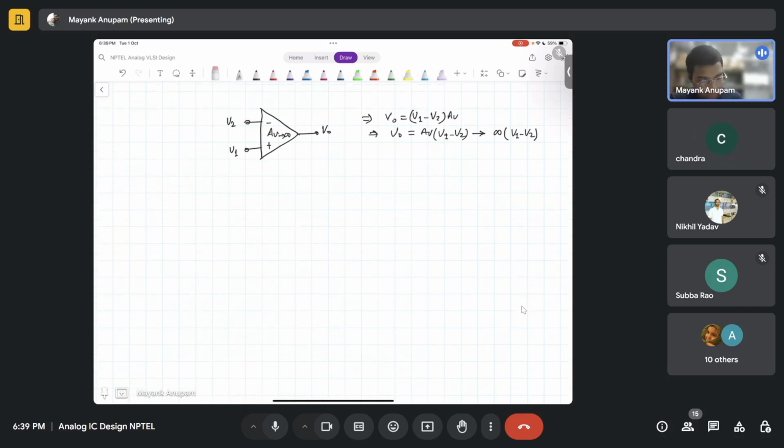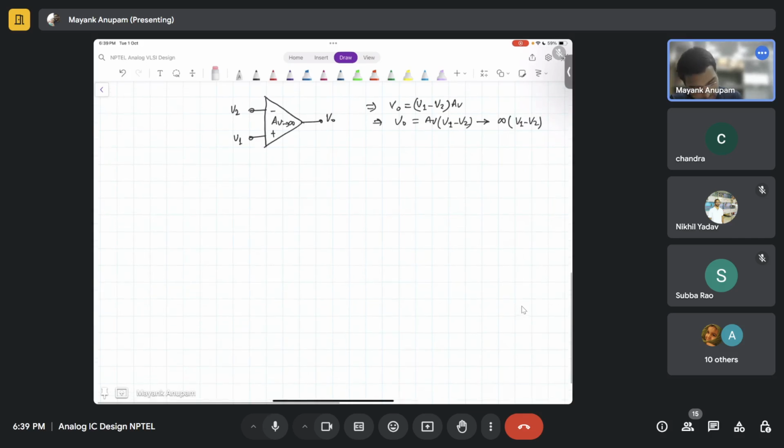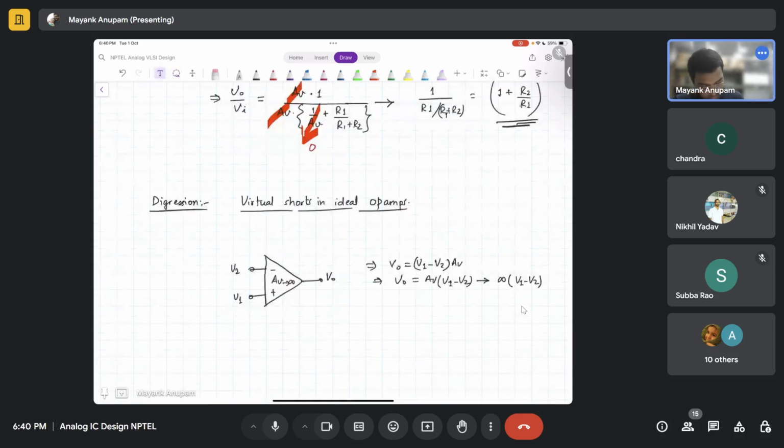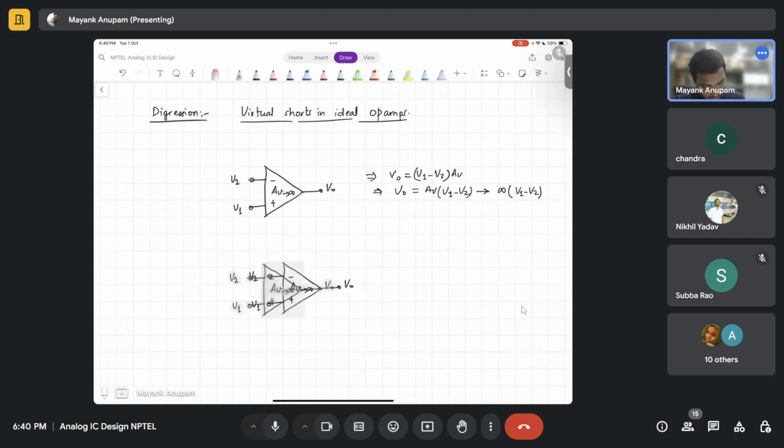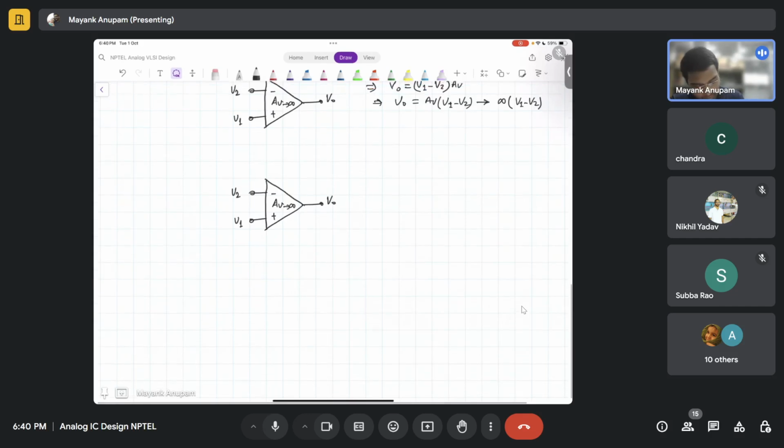Now that you are clear on this, let's try to do this. The same op amp we take, and we put a negative feedback across it.